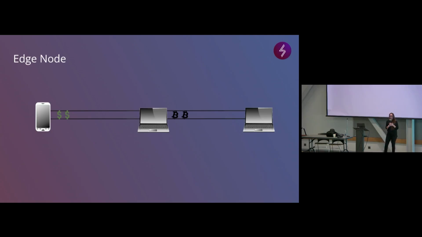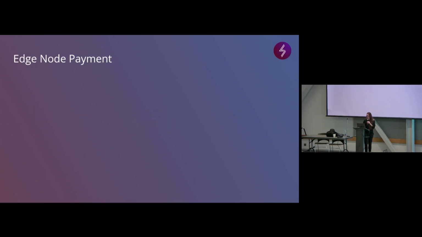Perhaps she doesn't have the Satoshis to pay that, or perhaps she just wants to make use of her Alice bucks. So she sends some Alice bucks along to Bob, and then Bob sends some Satoshis along to Charlie. Fairly simple graphic. Obviously, there's a lot going on with Bob's node because he's acting as the edge node, and we're going to dive into that a bit more.